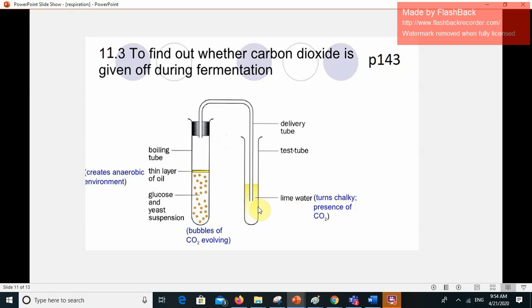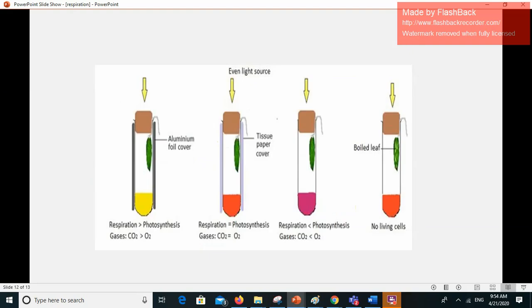We have another indicator used for carbon dioxide, which is hydrogen carbonate indicator. Hydrogen carbonate indicator changes color. Its color is red. Here, if we have an even light source, it's very important to know this investigation.